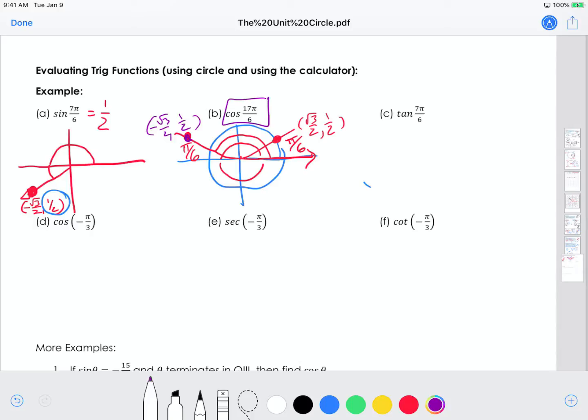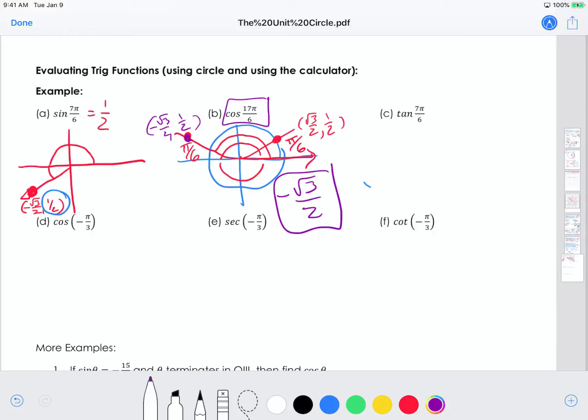Cosine is my x value. And so my x value would be -√3/2. So my answer to this question, if I open up 17 pi over 6, and I use my reference angle of pi over 6 to find my terminal point, then I look at the corresponding x value for that, and it's -√3/2.